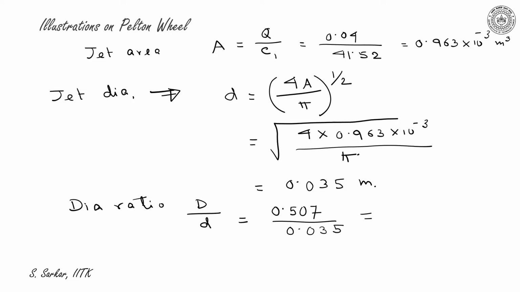If you do the calculation, you will get 14.5. Thus, I have got the first answer, which is the diameter ratio, wheel diameter divided by jet diameter, as 14.5.